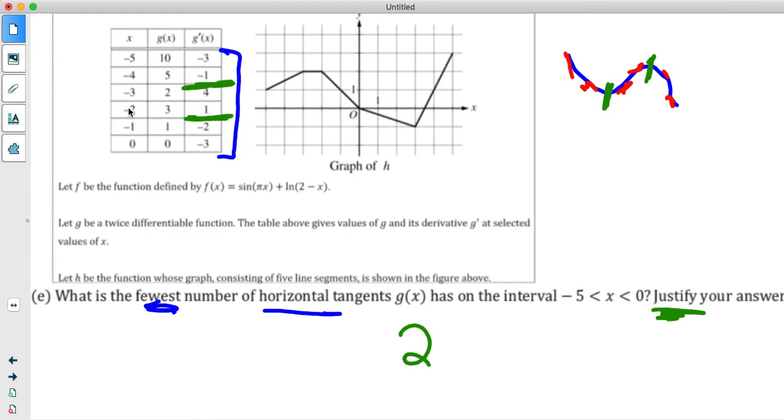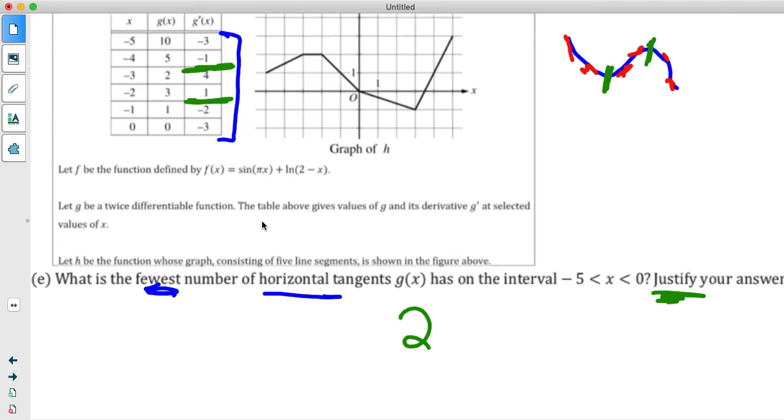Same thing here, when you go from -2 to -1, g prime of x goes from a positive to a negative, so it has to be 0 in there. So there has to be at least 2 points where there's a horizontal tangent line, where the derivative is 0. There could be more, but we know that there's at least 2.